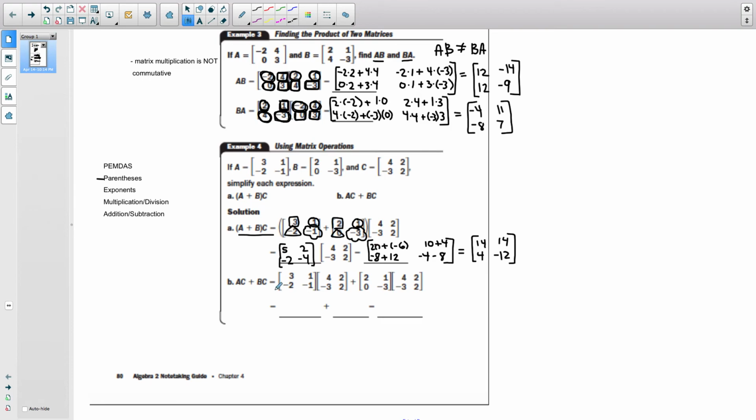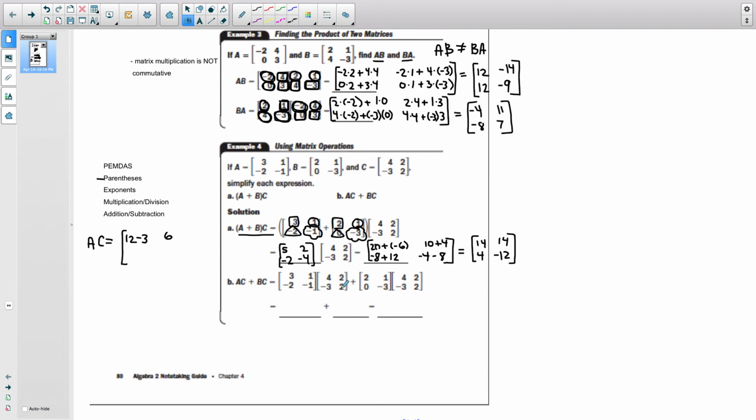Since there's not enough space here, I'm going to write it off to the side. So let's see, AC equals. All right, so multiply A times C. So 3 times 4 would give me 12. And then I will do 1 times negative 3, which is negative 3. All right, then I'm going to do 3 times 2, which is 6.